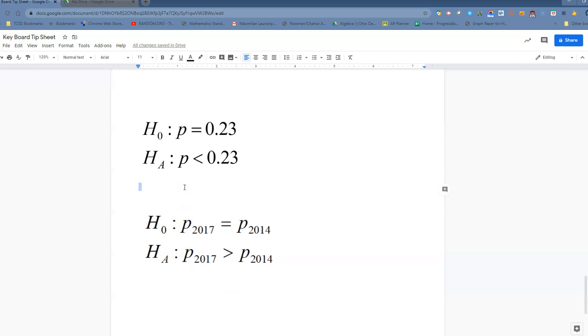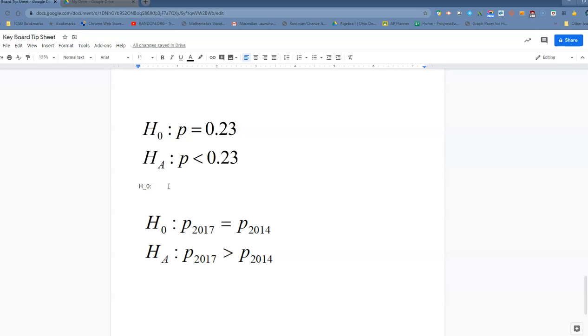Even hypotheses are easy to do as well. Now remember, you could do the H sub O for the null hypothesis. But one thing you should have learned is that you don't have to use symbols for your hypotheses. You could explain this in words. So you could actually type the proportion of all jelly beans that are green is 0.23.